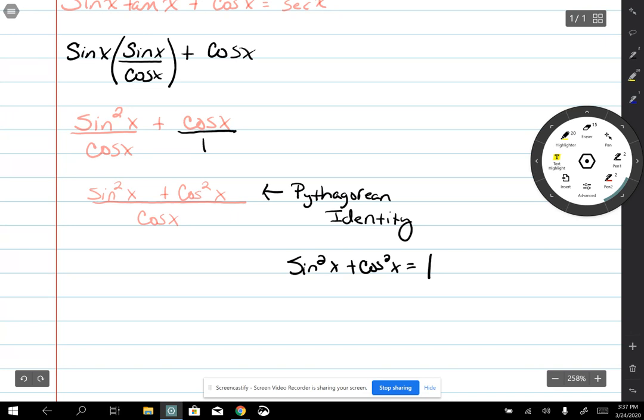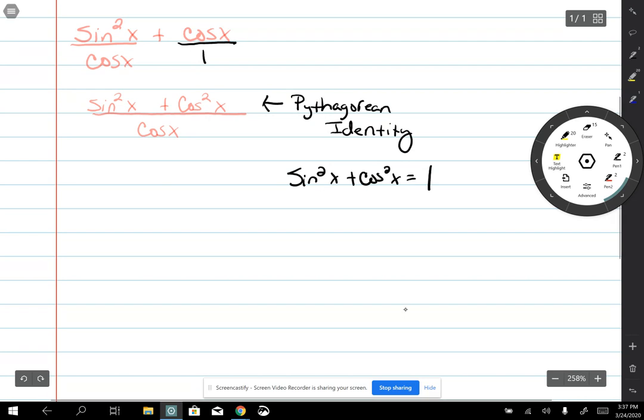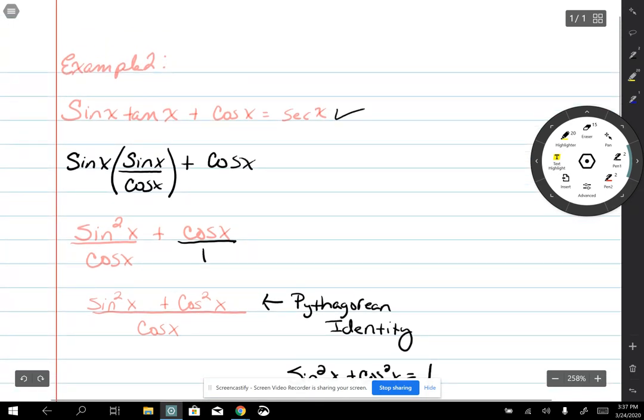So instead of having sine squared plus cosine squared on top, I'm going to replace that with a 1 over cosine, oops, not cosine squared, just cosine of x. Well, what is 1 over cosine of x? It's secant of x. And that is exactly what we needed.